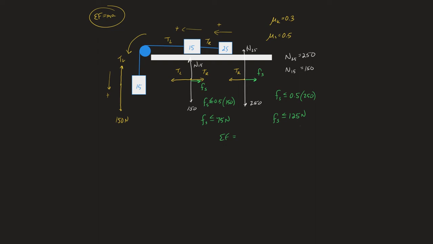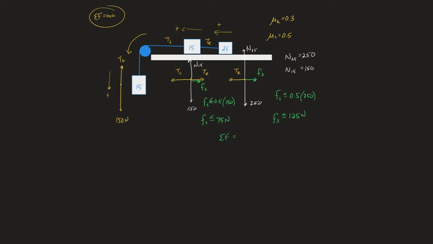How much force can possibly pull to the right? Well, 75 plus 125. There's the possibility of a combined frictional force pulling to the right up to 200 newtons of force.